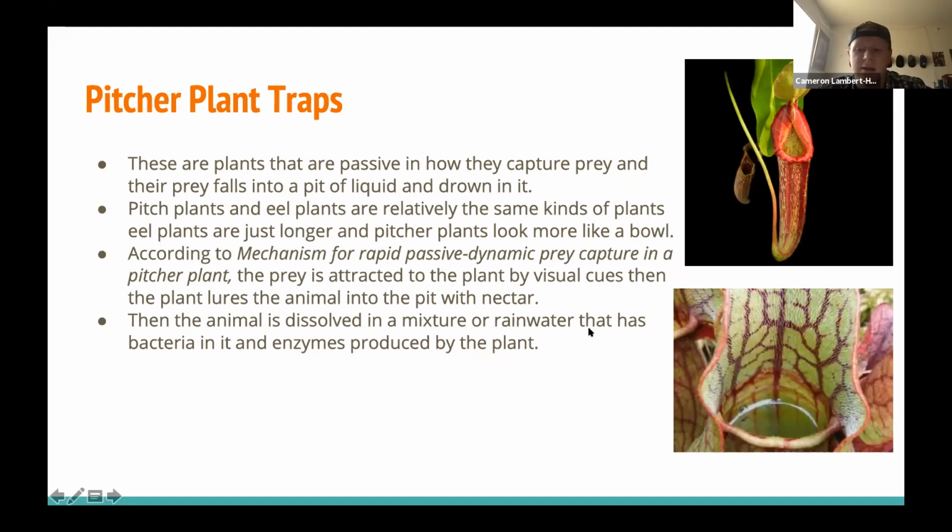Then there are teeth on the inside that don't allow the insect to crawl back up out of the water, and it just gets stuck inside the water. It is a mixture of rainwater and enzymes that the plant produces. The rainwater has bacteria in it, and the plant produces these enzymes, which then dissolve the animal and allow the plant to drink it almost, and gain its nutrients that way.